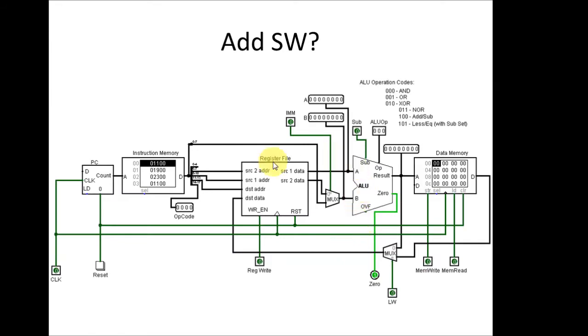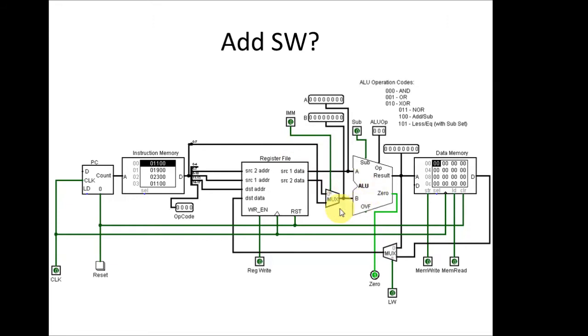So the way that this works is that we have to switch out this destination address for our source 2 address, because the source 2 data is getting switched out by immediate. We want to be able to provide this to the data memory, so that whenever we're doing store word, we're going to be using the immediate for that offset.